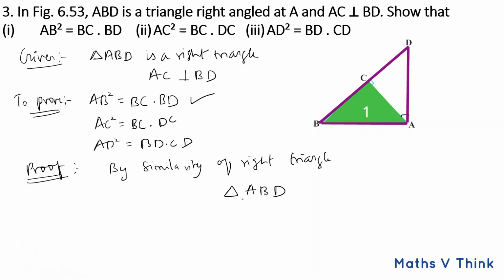In triangle ABD we know angle A is 90 degrees. So in the first triangle angle C is 90 degrees, and you can see the first and the whole triangle angle B is common. So angle B, and then the remaining one is CBA is similar to the whole triangle. So by the similarity of right triangle, triangle CBA is similar to triangle ABD.